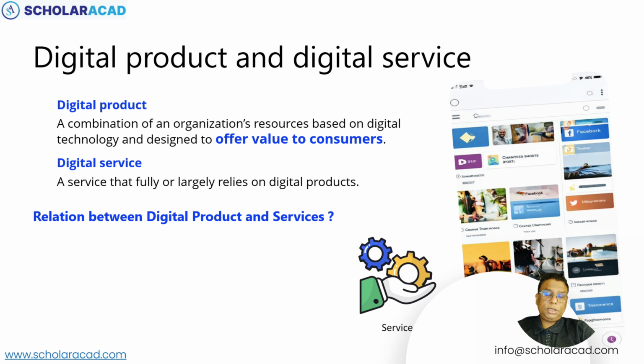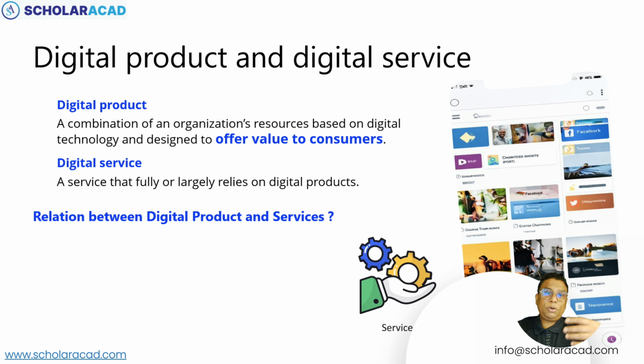Now the digital product and digital service. That's also a new concept. Digital product, like internet services. A digital product is an organization resource based on digital technology that offers value to consumers, whereas digital services largely depend on all the IT products.